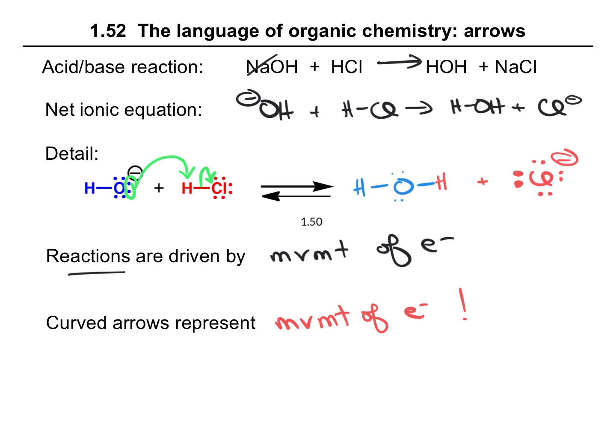At the same time, the pair of electrons that used to be shared between the hydrogen and the chlorine in HCl moved onto the chlorine as an additional lone pair of electrons, which resulted in the formation of water with a new bond between the oxygen of hydroxide and the hydrogen of HCl, and a new lone pair that used to be the shared electrons between the hydrogen and the chlorine.